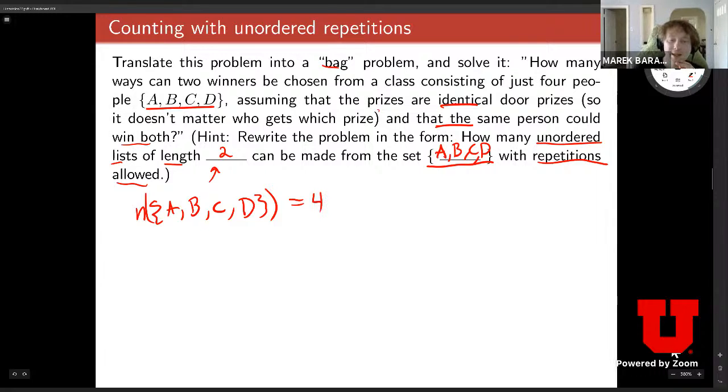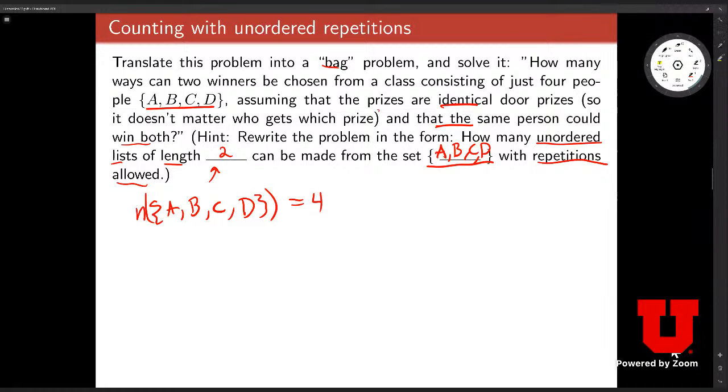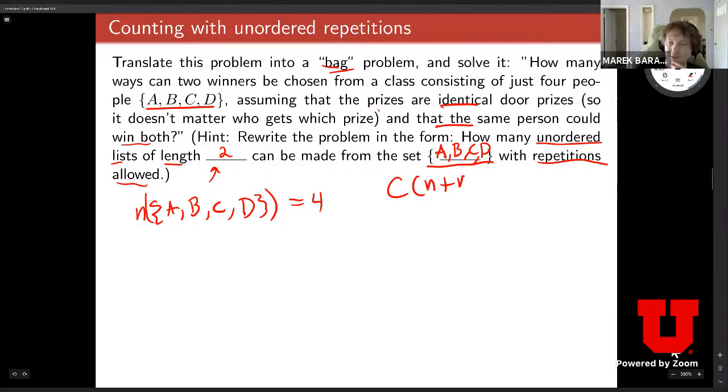So which is our R and which is our N? Because we're doing a bag problem, right? We're going to be doing N plus R minus 1, choose R. So which one is our N and R?